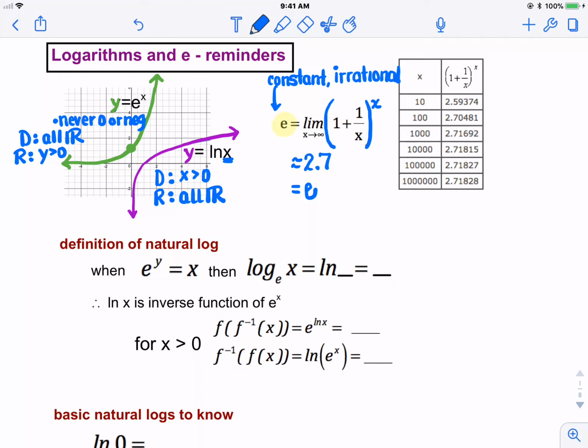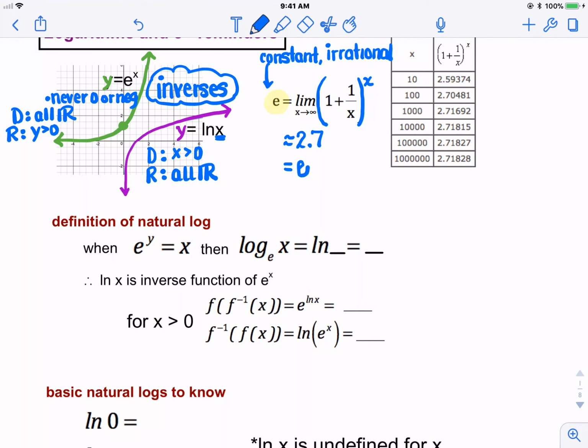The definition of natural log, when you see it in math books, talks about that inverse idea, but they do it in notation. They're inverses of each other. They'll say something like, when e to the y is x, and you know last year when you wrote an inverse function, you'd switch y and x and rewrite some things. In this case, they took the log of both sides to get an equivalent, which you know is a technique.